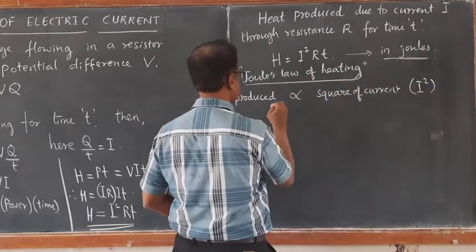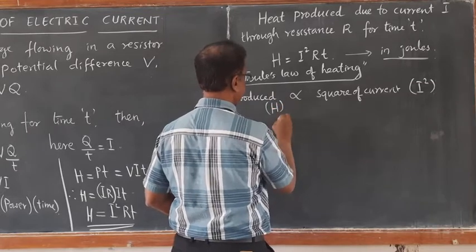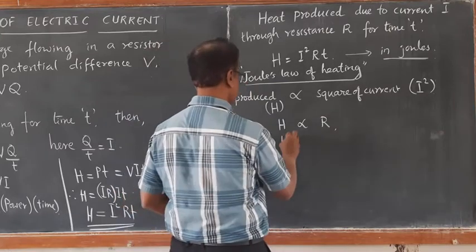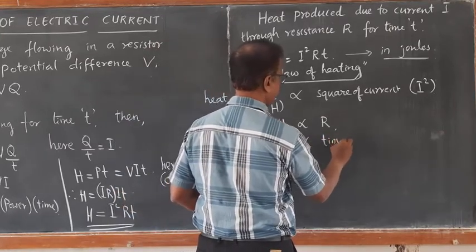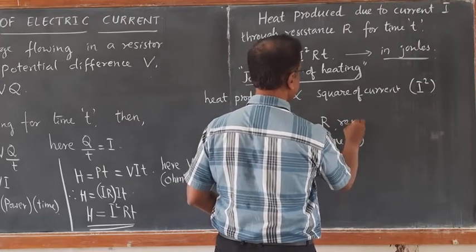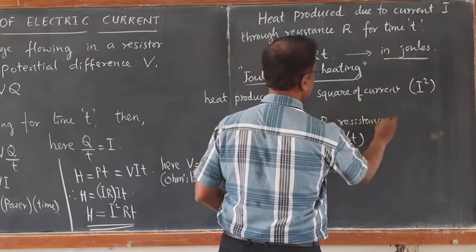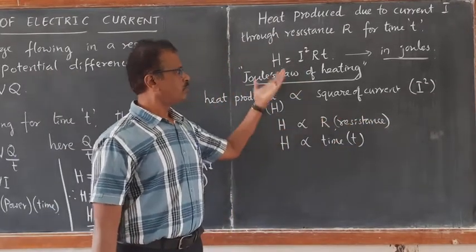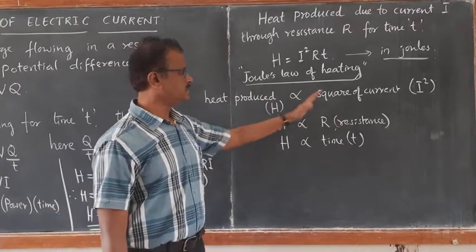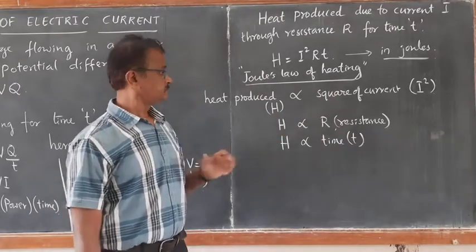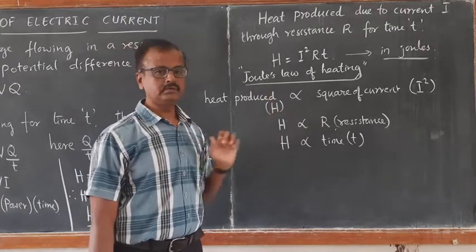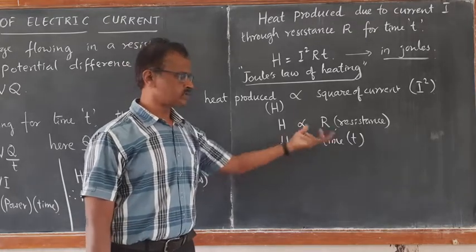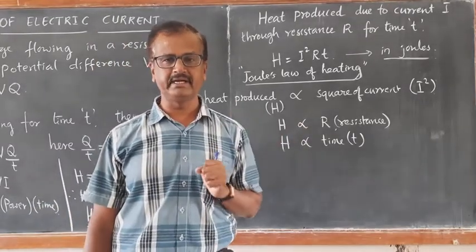It is denoted by H, and H is directly proportional to the resistance R, and H is directly proportional to time T. So from this it is quite evident that the more the current that flows, the more will be the heating effect, because heat is directly proportional to the square of the current. Second, heat is directly proportional to the resistance of the coil, the resistance of the resistor, and heat is also directly proportional to the time for which you have kept it for heating.